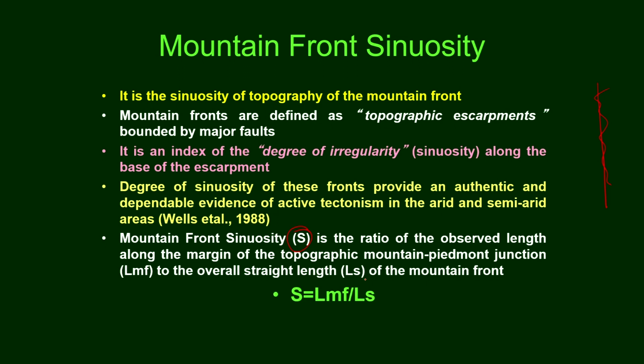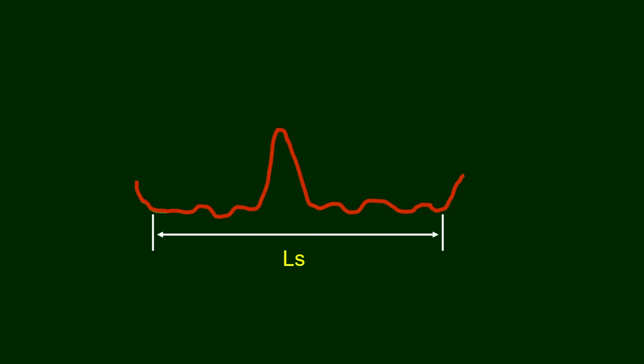So, this is how it has been given: S is equal to LMF by LS, where LS is over the straight line. This we will see quickly, and then we will end here. Suppose this is the straight length you have, and this one is the mountain front. That has been denoted as S equal to LMF by LS.